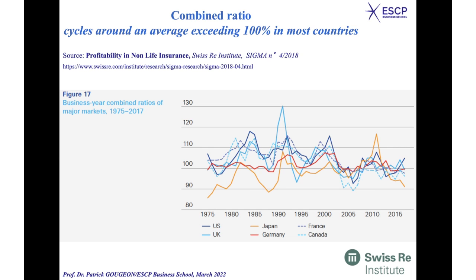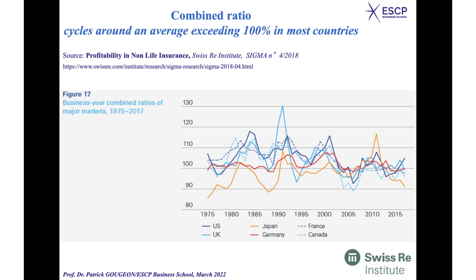In most countries, and Japan is a bit different, over the period 1975 to 2015 in particular, we have a combined ratio which is above 100%, meaning that all these companies in these countries were having an operating loss.